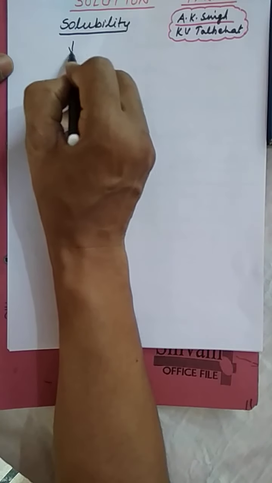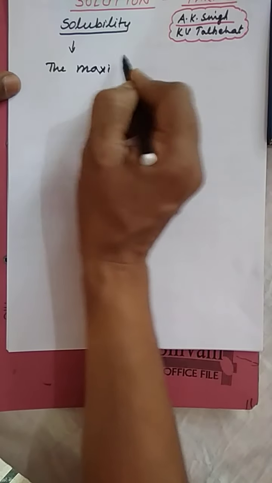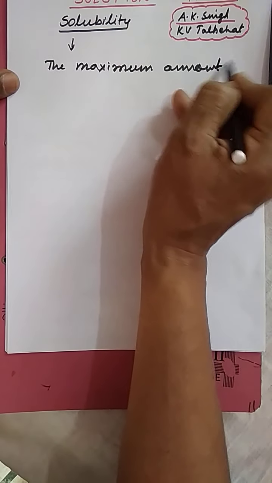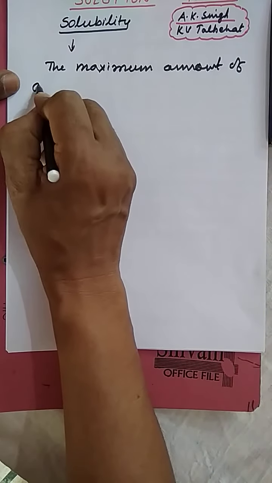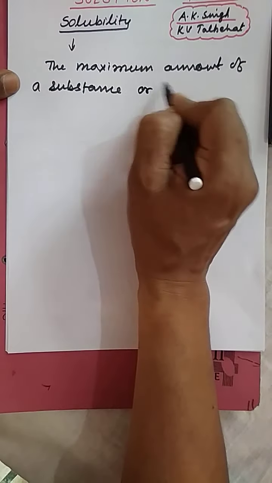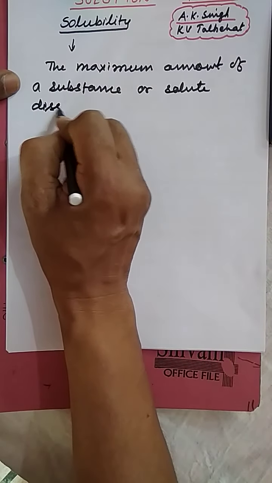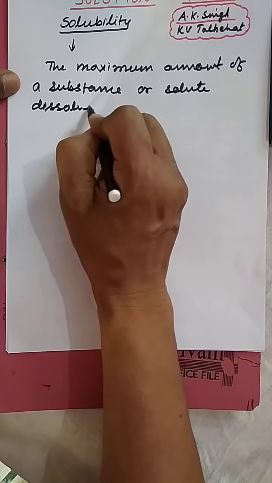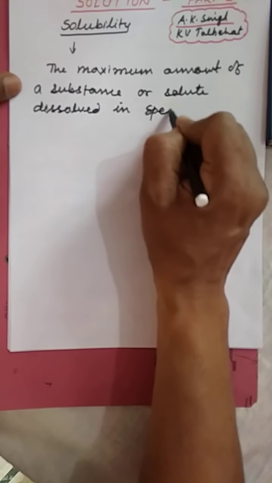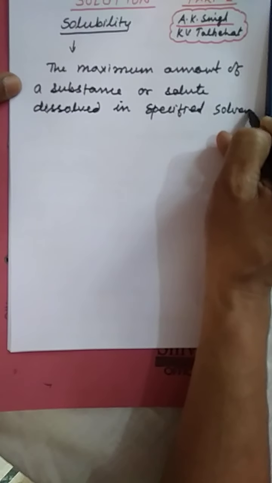So solubility is the maximum amount of a substance, or solute, dissolved in a specified solvent, right?